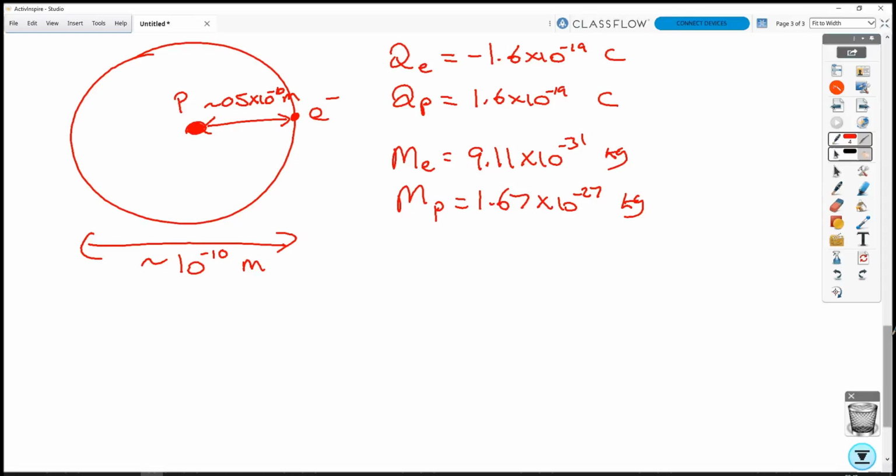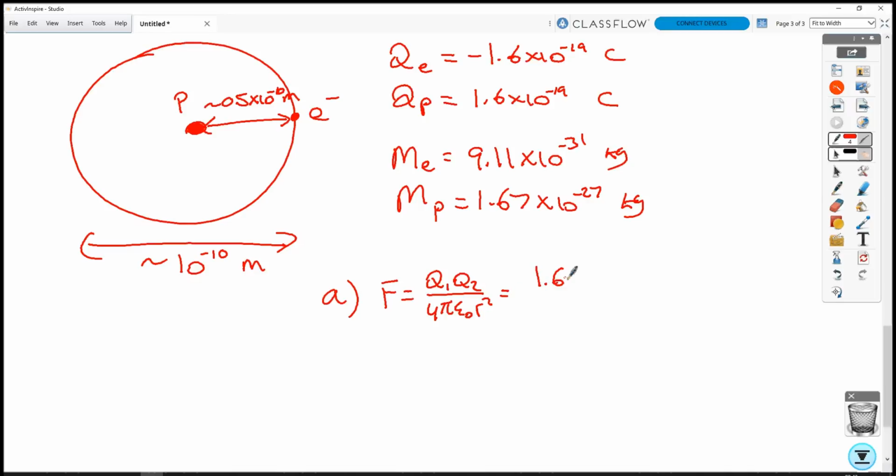Right, so now let's start solving them. For part A, we use F equals Q1 Q2 over 4 pi epsilon naught r squared. Let's put our values in. We don't care about the positive and negative because I'm just looking for the magnitude at the moment, so I'm not going to put the negative sign for the charge of the electron.